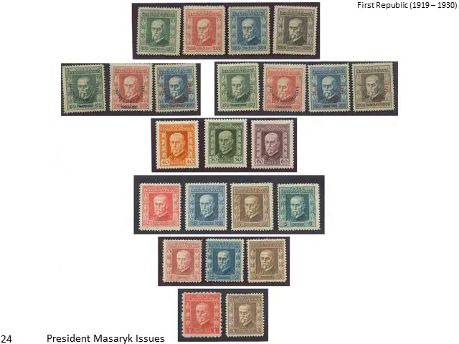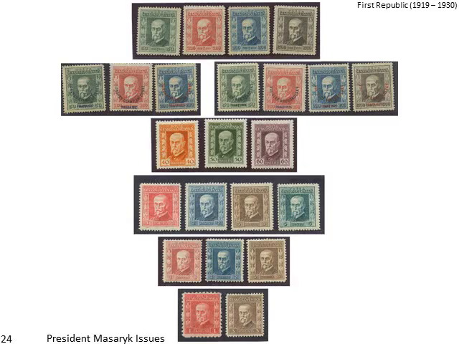This slide shows the marvelous President Masaryk sets done in both photo offset and engraved printing. The first row shows the set dedicated to the 5th anniversary of the founding of Czechoslovakia.